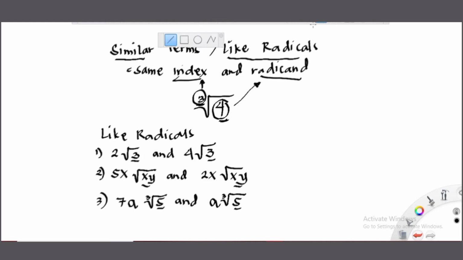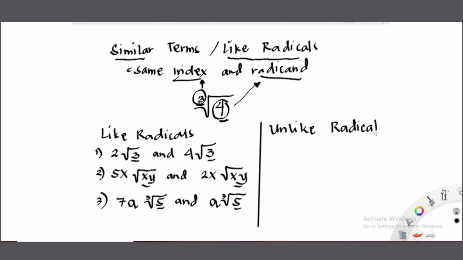Let's have examples of unlike radicals or dissimilar radicals. If we have like or similar, we also have unlike or dissimilar radicals. Let's say we have 5 square root of 2 and 7 square root of 3. The same ang index nila, which is 2. But the radicands are different.